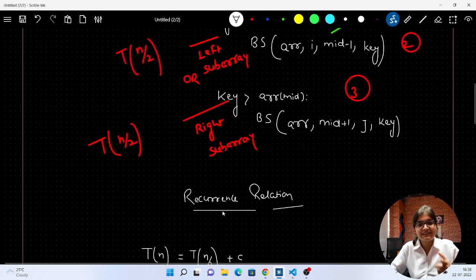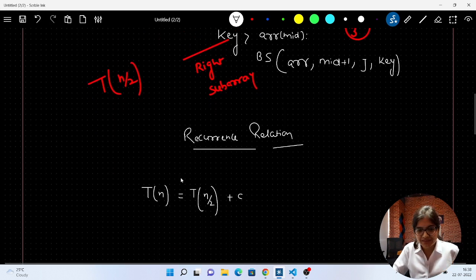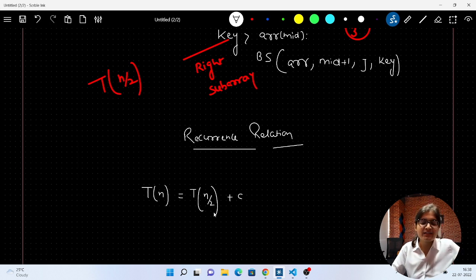Because here either my code will go towards the left subarray or the right subarray, but not both. That's why we write T of n by 2 and not 2 times T of n by 2, just like in the quick sort or merge sort recurrence relation you will see.